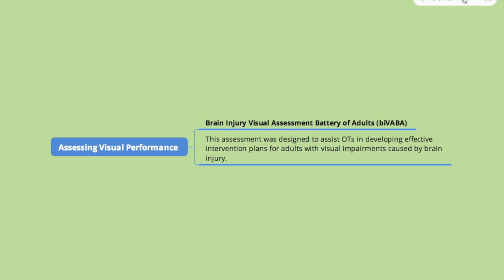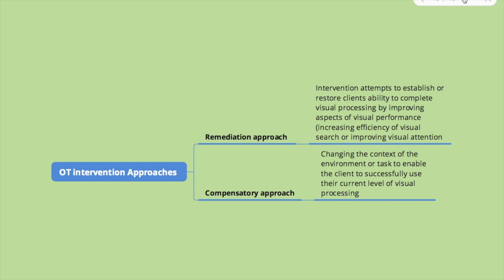Assessing visual performance: the book talked about the Brain Injury Visual Assessment Battery for Adults. This assessment is designed to assist OTs in developing effective intervention plans for adults with visual impairments caused by brain injury. OT intervention approaches are remediation and compensatory.